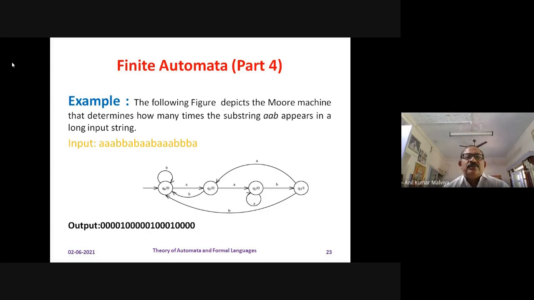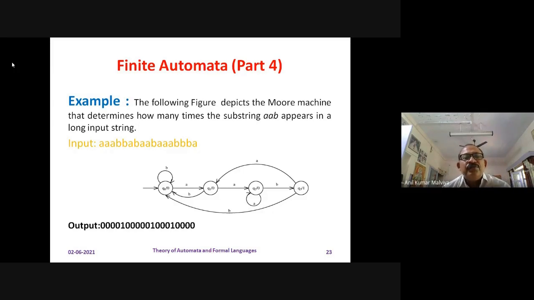Here in this figure, you can see that a Moore machine is given. And this Moore machine is used to determine how many times the substring AAB appears in an input string.